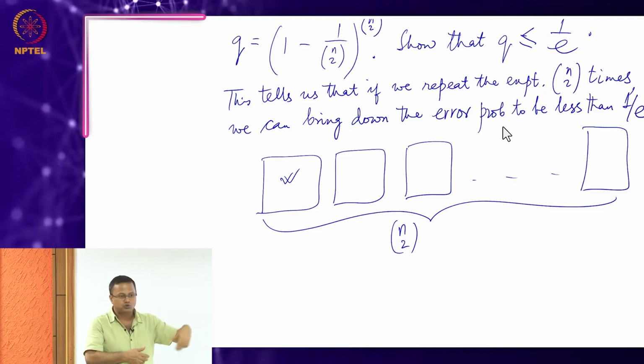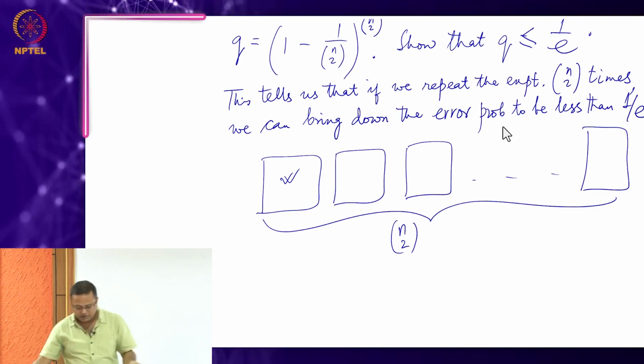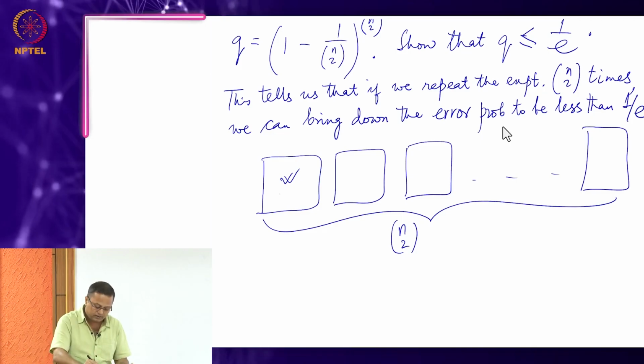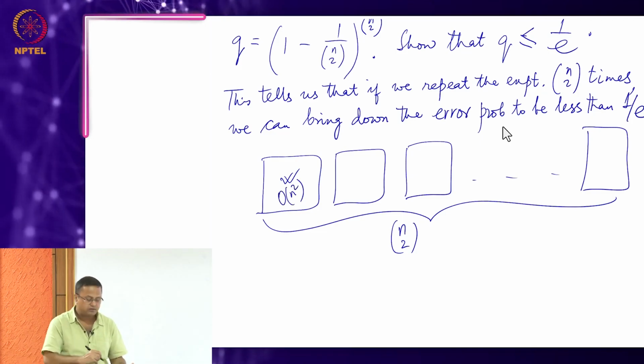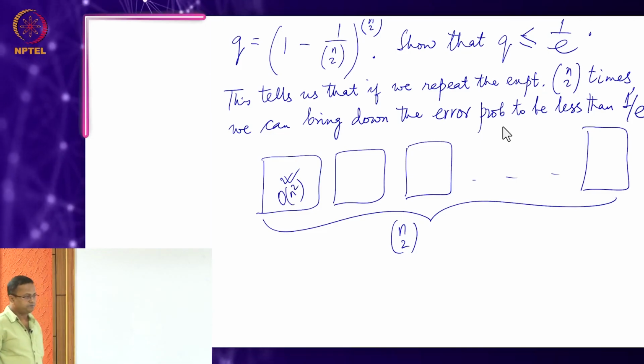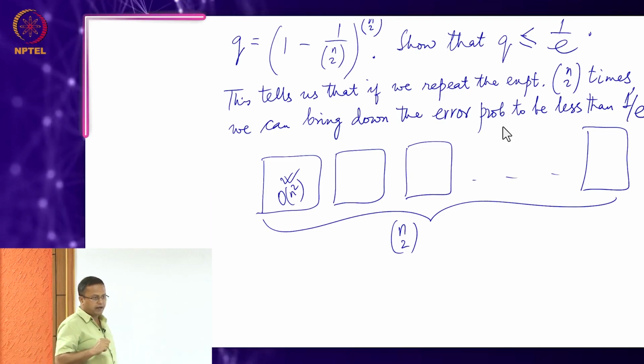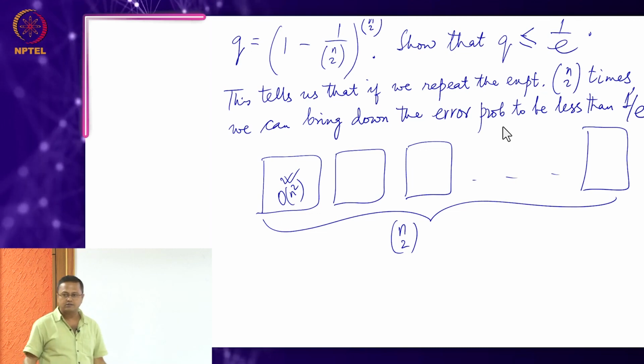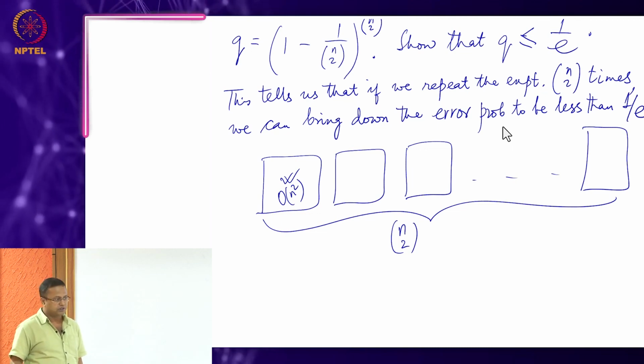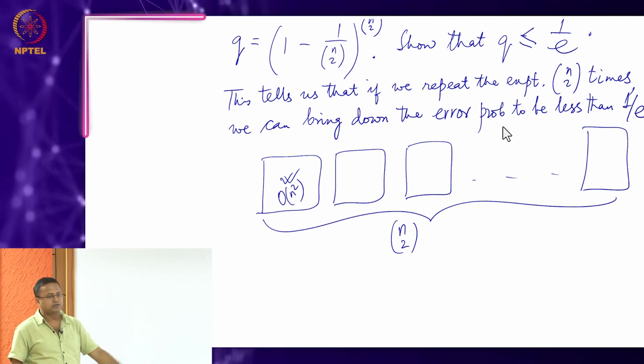You are doing n minus 2 contractions, so each run might take order n square. And n choose 2 is roughly order n square, because it's n into n minus 1, and the dominant term is n square.